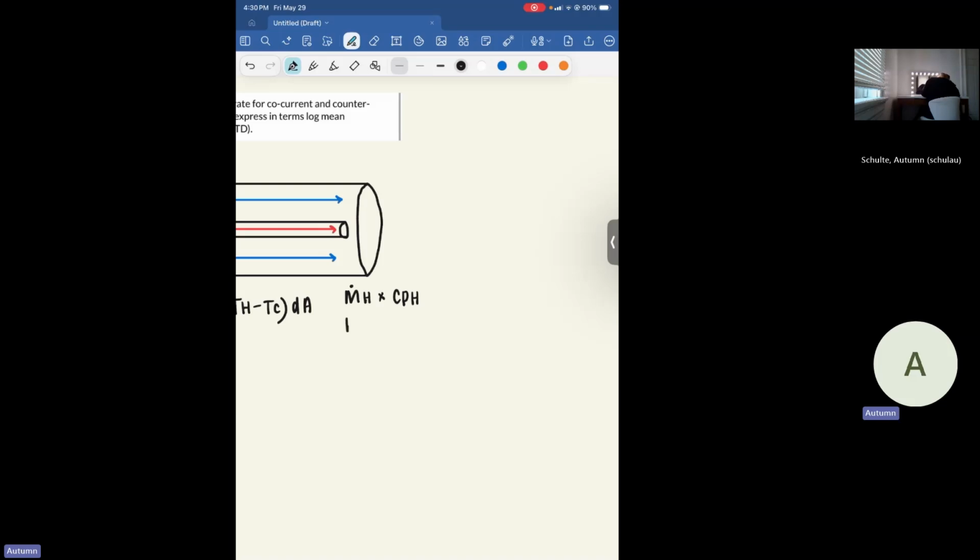We're also going to take the mass flow rate of our cold stream and multiply that by the heat capacity of our cold stream. And what those get you are the mass flow rate heat capacities. So this will be the mass flow rate heat capacity of our hot stream and the mass flow rate heat capacity of our cold stream.